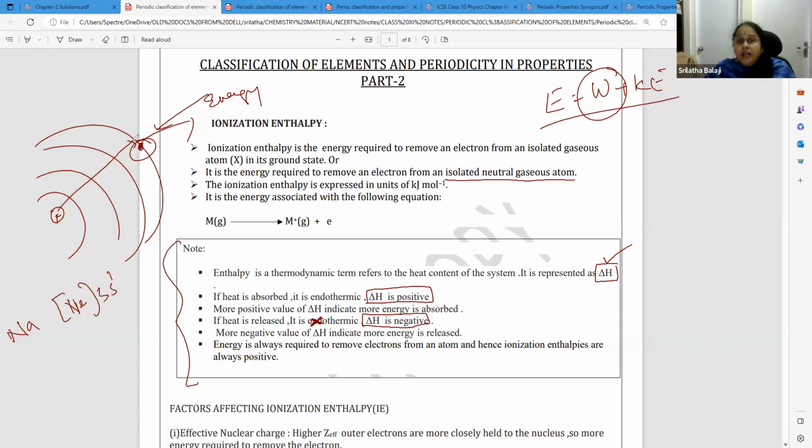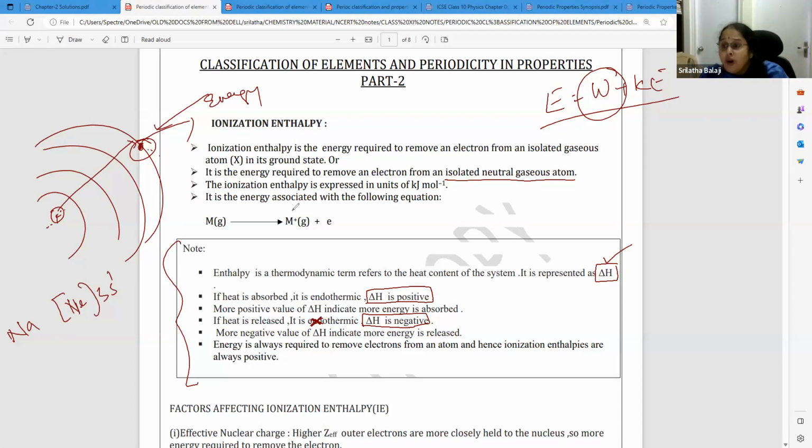Whatever is the force of attraction between the nucleus and this electron, that much energy is required to eject that electron. That ejection of electron is what we called the photoelectric effect. And the energy required to eject the electron is the work function. Here we are calling it ionization enthalpy. Why? When you remove the electron from an atom, what will the atom become? Won't it become a cation?